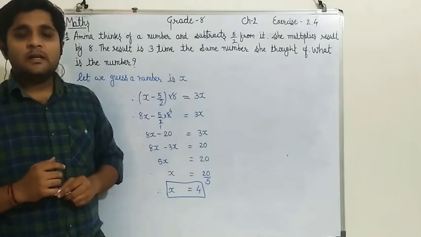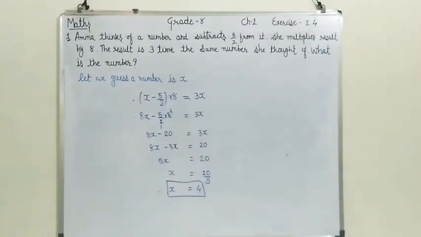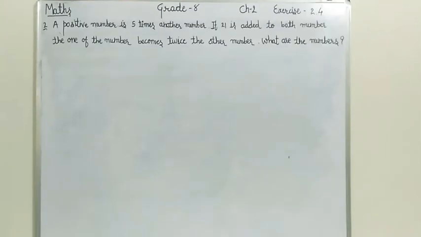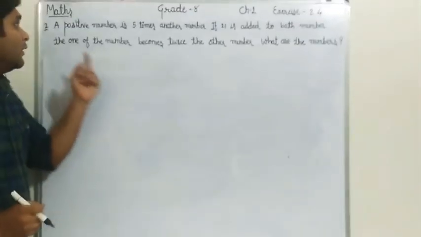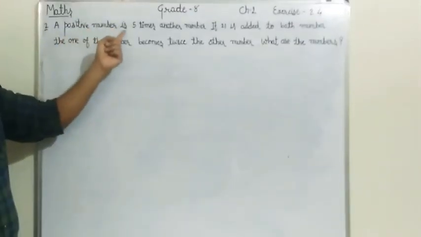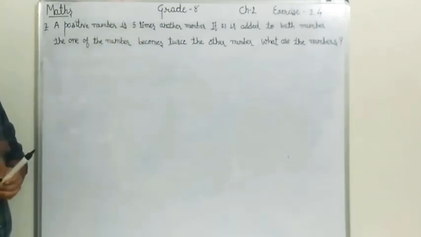Now let me see example number 2. Question number 2 says that a positive number is 5 times another number. So here we have to guess 2 numbers.